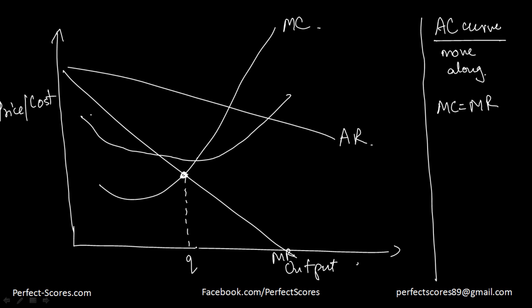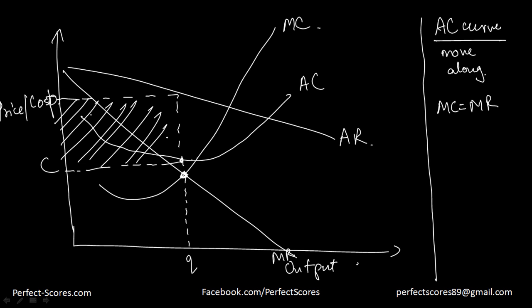So I'll be producing this much output at this much price. However, when the output cuts the average cost curve, that will actually give me the cost. So this area over here is something that I denote as abnormal profits, right?